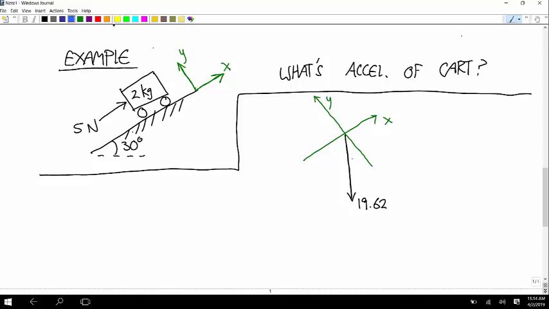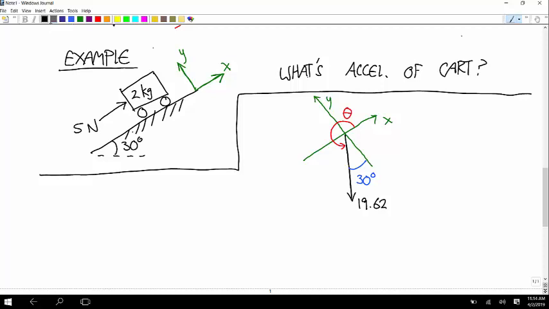This angle between the negative y-axis and the weight force is always equal to the angle the incline makes with the horizontal. So this angle is 30 degrees. And so the angle theta that we need for the cosine and sine is all the way around from here. Okay, that's theta. So what's that angle theta? 240, that's right.